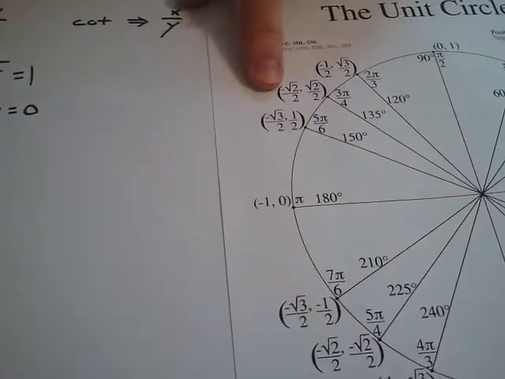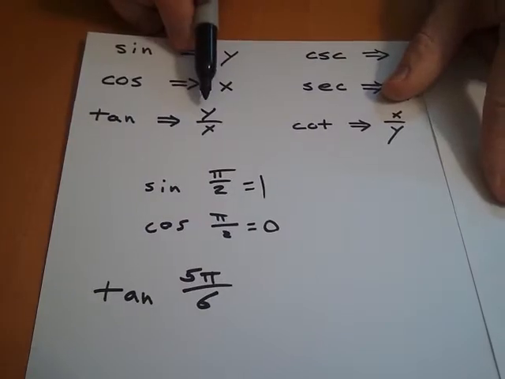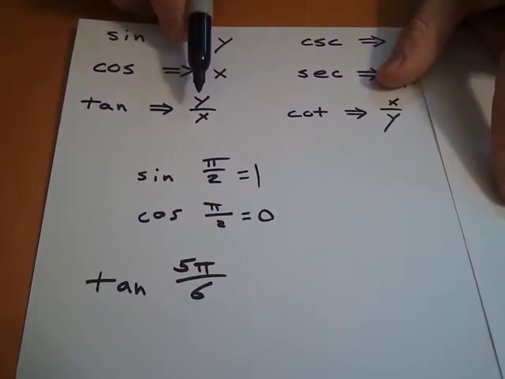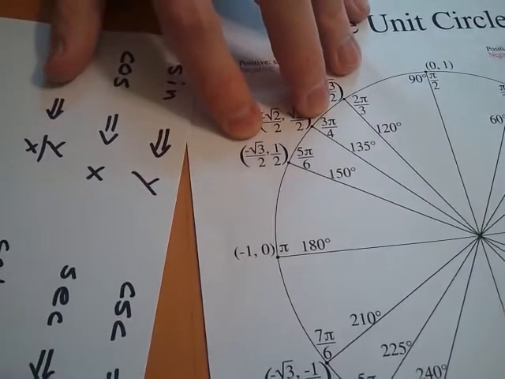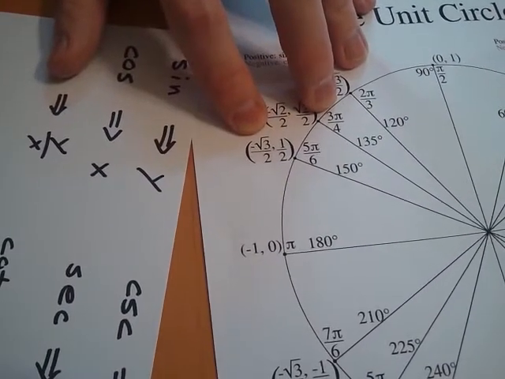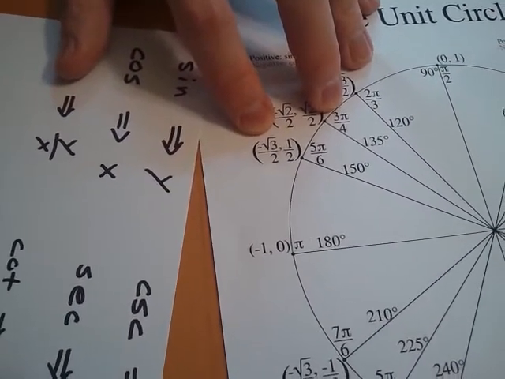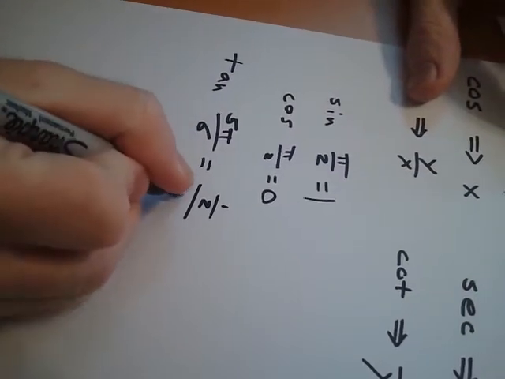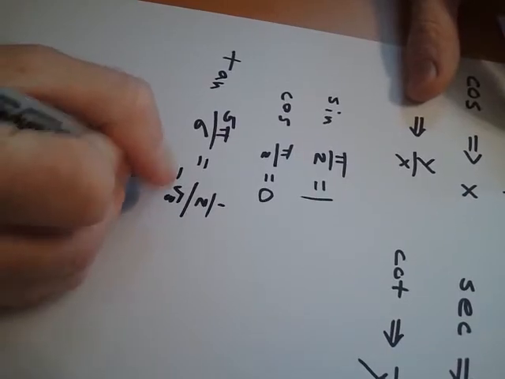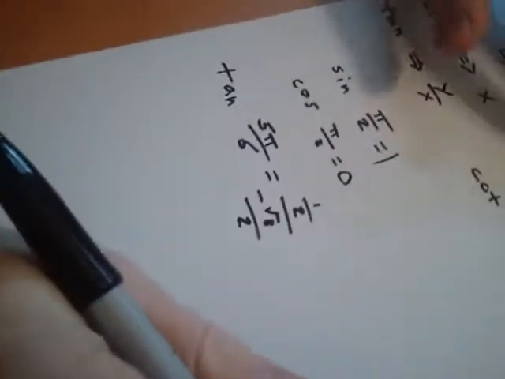And as tangent says here, tangent is y over x. So the tangent of 5 pi over 6 is going to equal my y, which is 1/2, over my x, which is negative square root of 3 over 2.